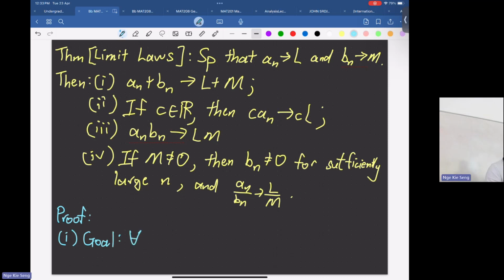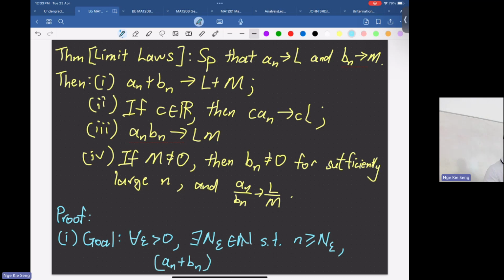Our goal is: for all epsilon greater than 0, there exists N depending on epsilon in the naturals, such that for all n greater than or equal to N_epsilon, a_n plus b_n minus the limit, L plus M, has absolute value less than epsilon. So you want to prove this.